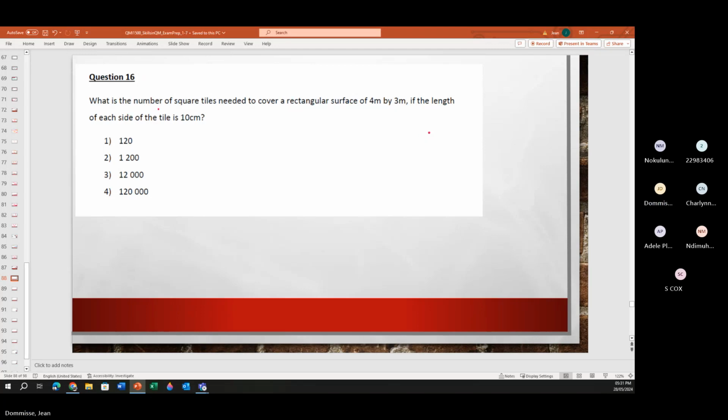What is the number of square tiles needed to cover a rectangular surface, which is 4 by 3?